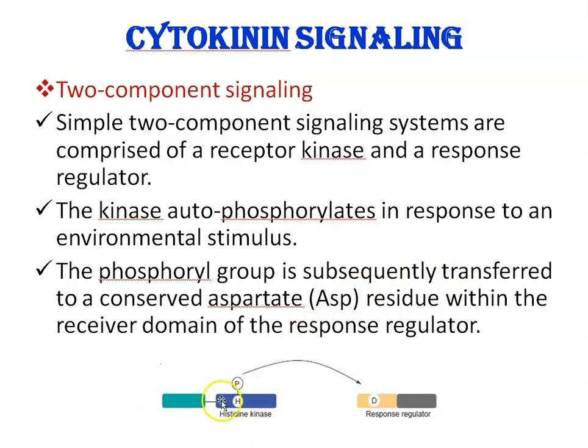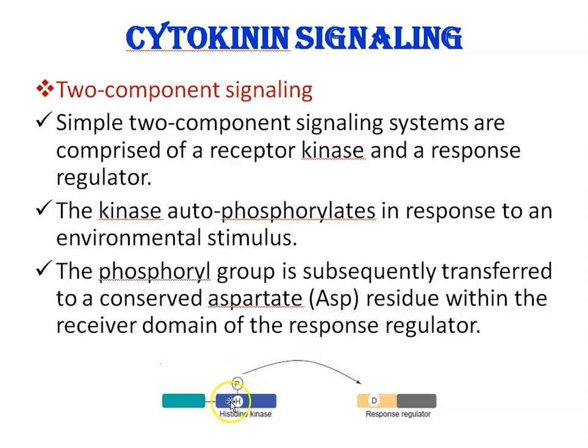This one component, that is CHASE domain and kinase domain, the receptor kinase, right, to perceive the signal. And second part is response regulator, right? So simple two-component signaling systems are comprised of a receptor kinase and a response regulator.